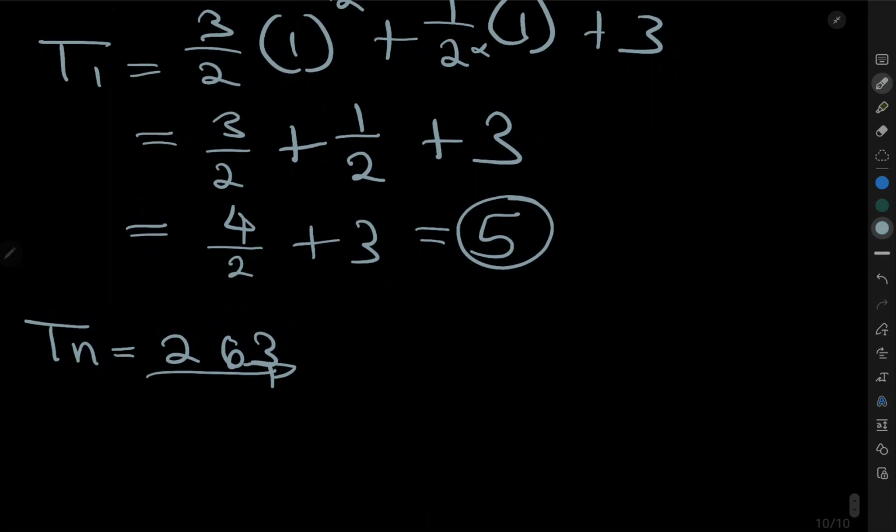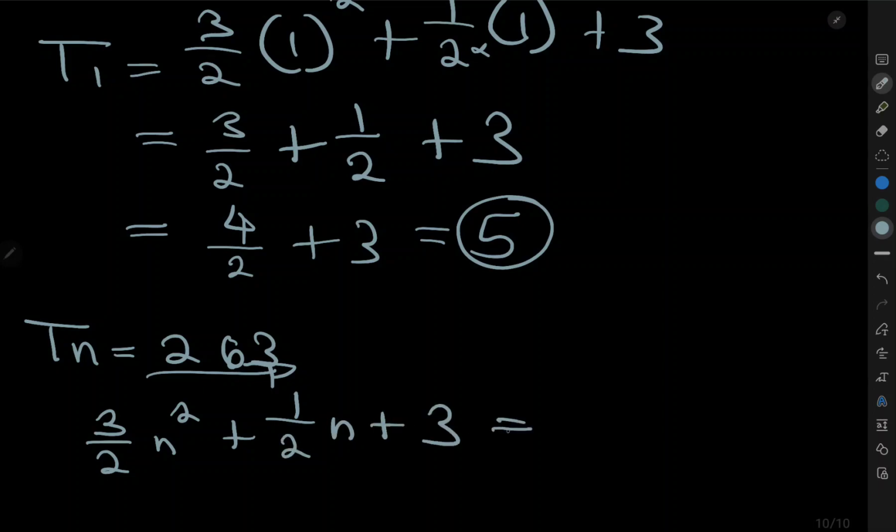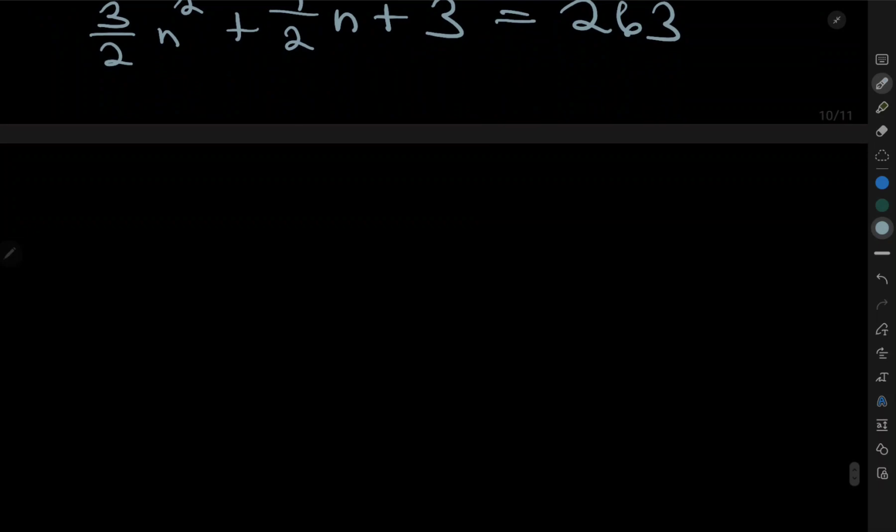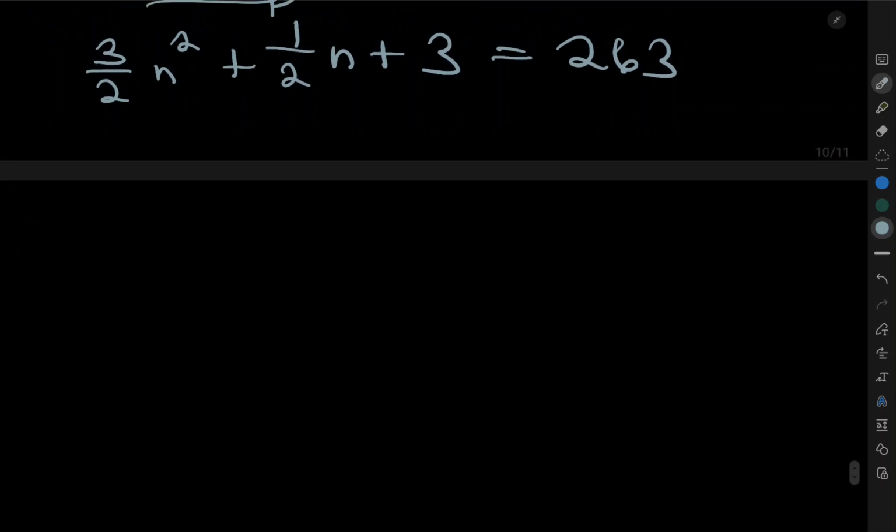So now that we know that Tn is equal to 263, we're just going to say 3 over 2 n squared plus half n plus 3 is equal to 263. And we're going to use that formula to determine the value of n.